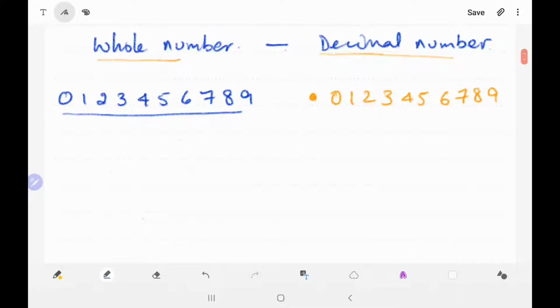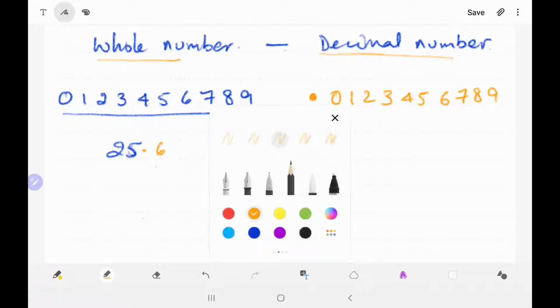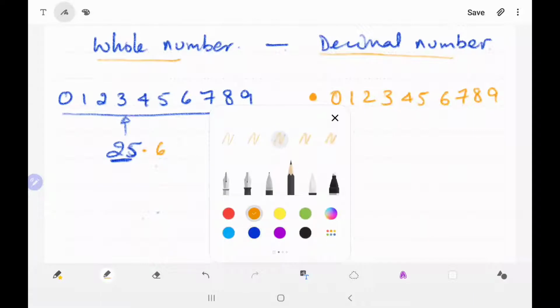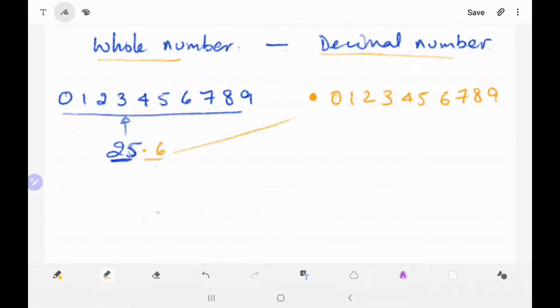The example could be 25, which is a whole number, but if I put a dot 6, 25, I'm changing the color, so 25 is a whole number and the dot 6 is a decimal number.